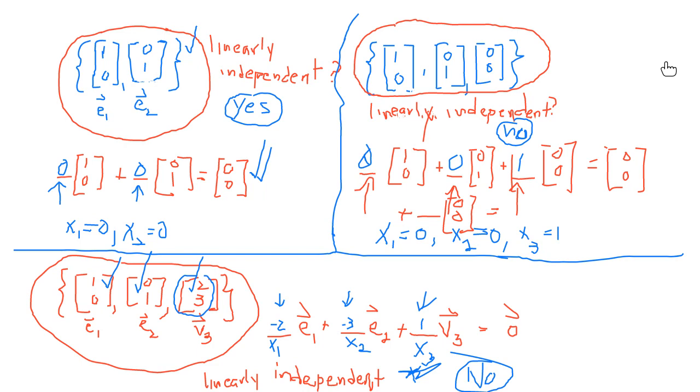In other words, we have more vectors than the dimension of the space. This relates to Theorem 8 in your ebook. Does that make sense?